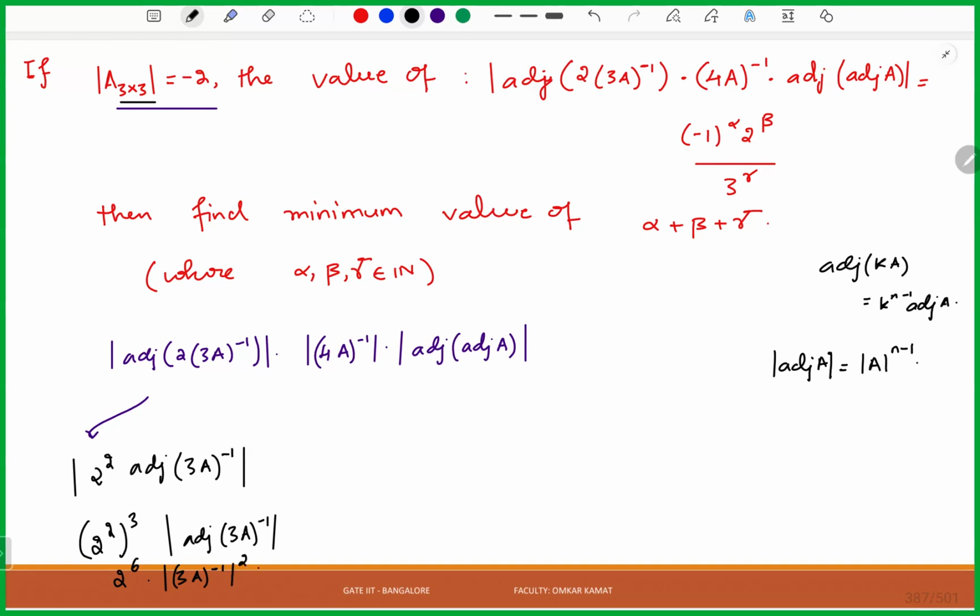Clear, all the properties are revised in this single question. Now I can take it to the denominator. I know that determinant of A inverse is the same as 1 by determinant of A. So here also it will become 2 to the power of 6 into 1 by determinant of 3A whole square. Understood?